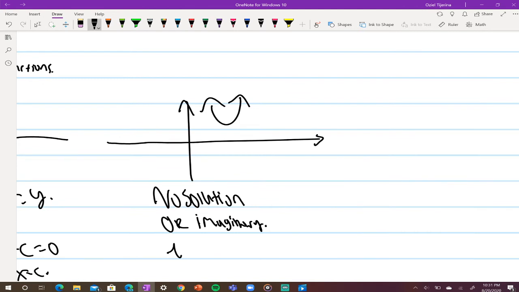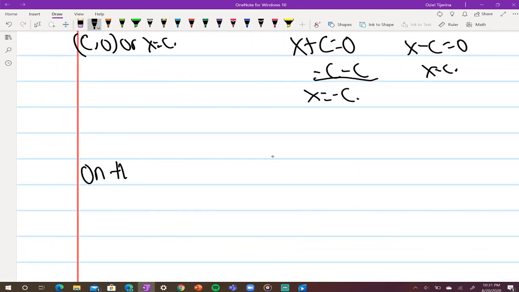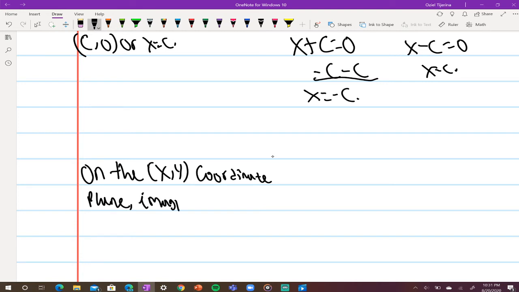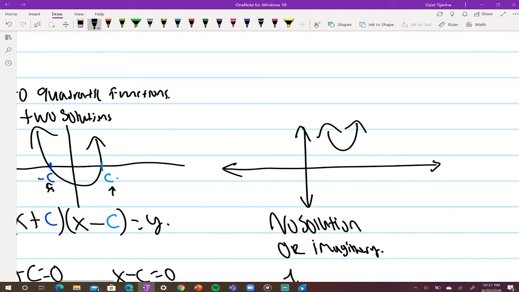One thing I want to make note of is that on the xy coordinate plane, imaginary solutions are not seen. Okay, they're not shown here because they're imaginary, so we can't really see them.